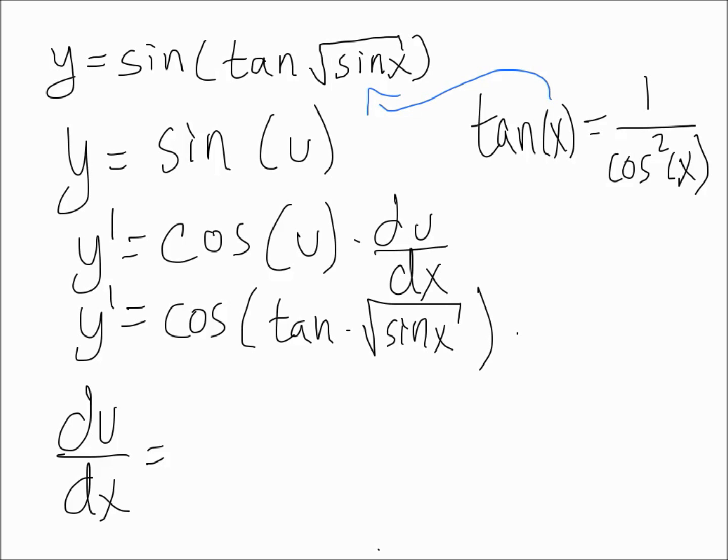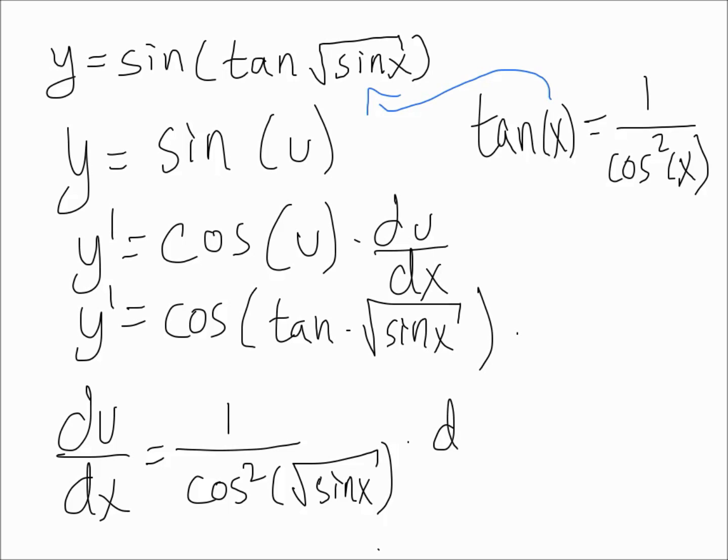So again, step by step, it should be easier. 1 over cosine squared of the square root of sine x, times the derivative of the square root of sine x.